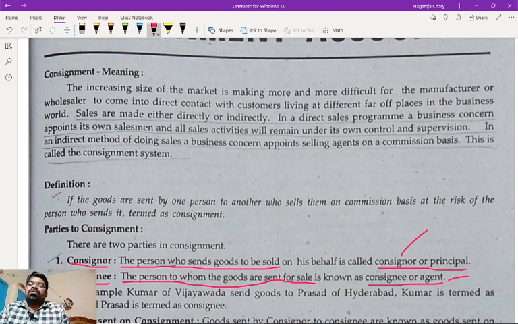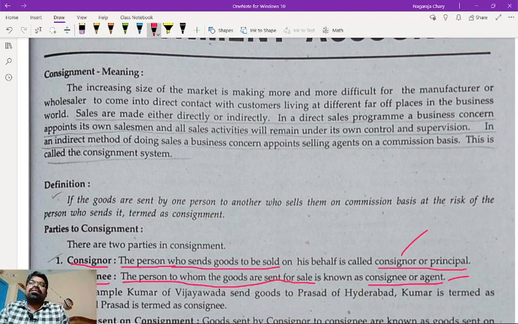By selling the goods, they may earn something. Whatever is earned by the agents is to be sent to the principal, and the agents are given commission.